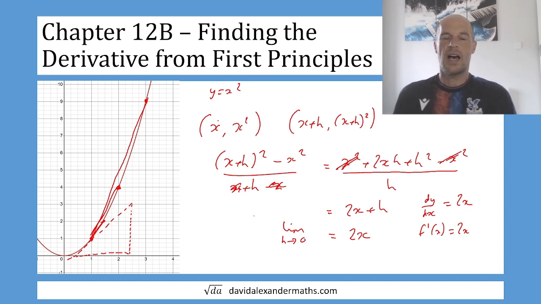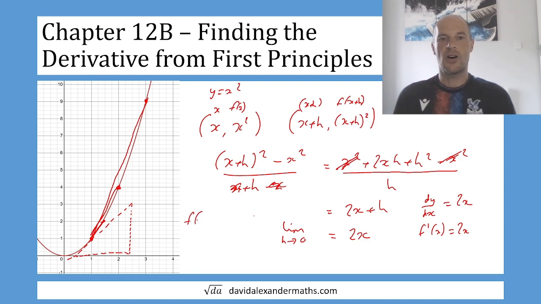Okay, so just one final thing I want to mention. So here we have x, and this is the function of x. Here we've got x plus h, and this is the function of x plus h. So this is the formula we use when we're trying to find the derivative from first principles.